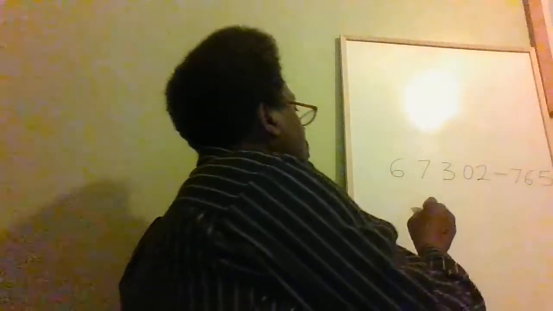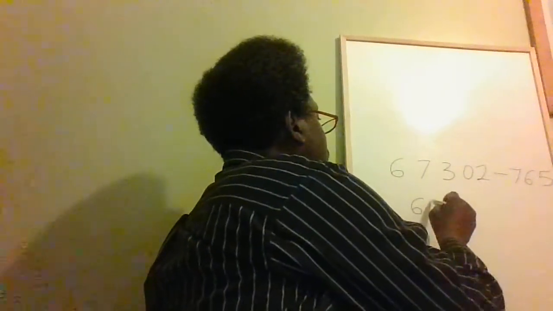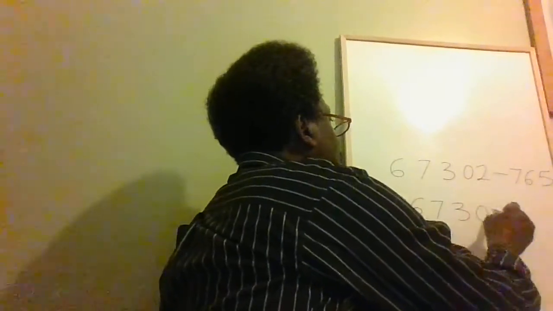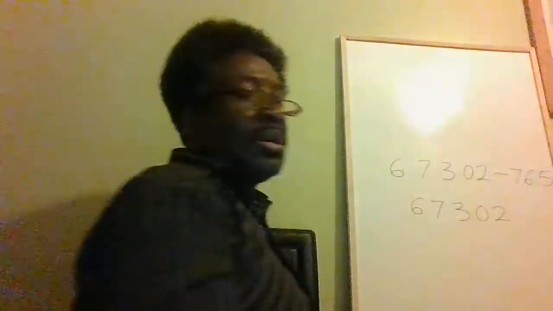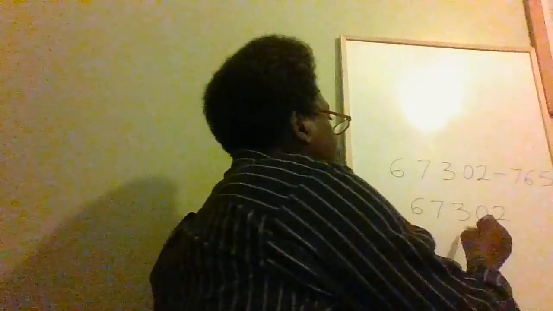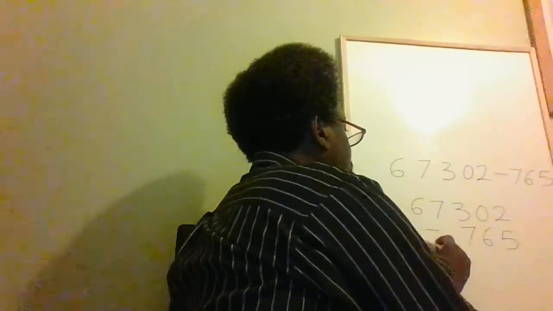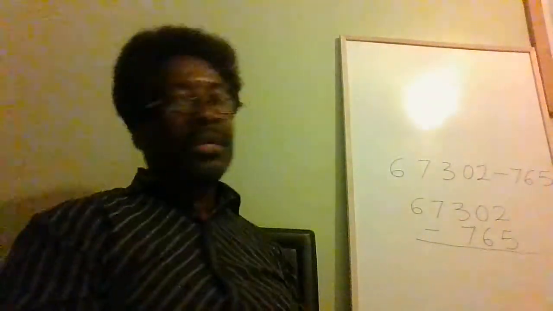So put 67,302 on top. You put 765 below. You put your takeaway sign. Put a line under there.